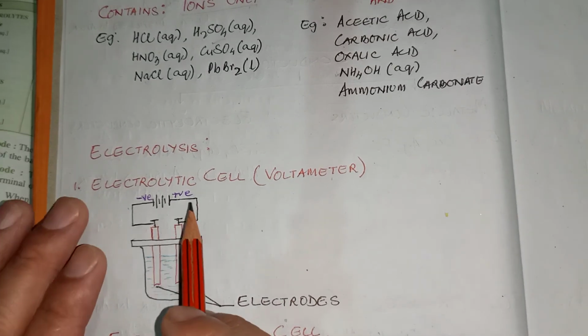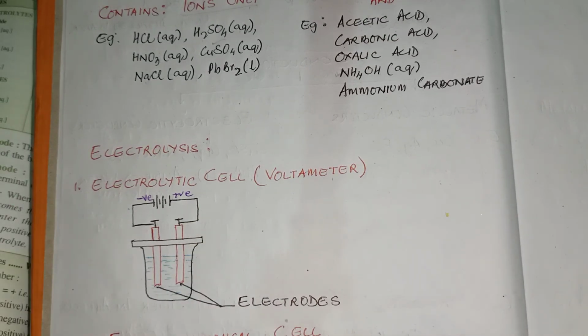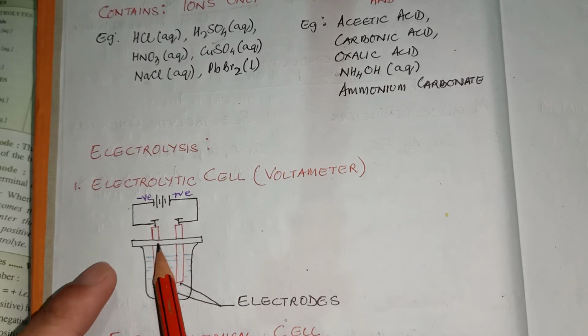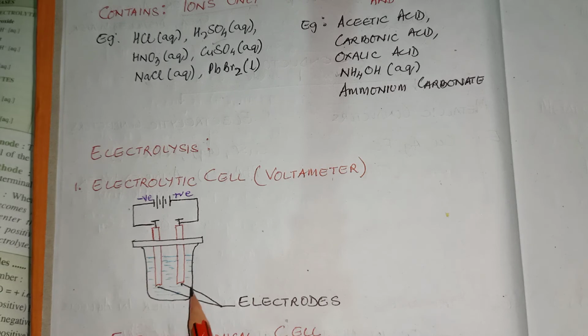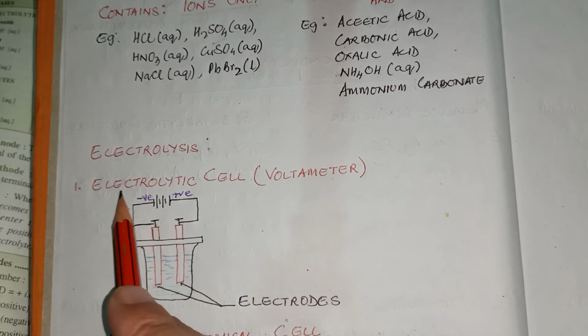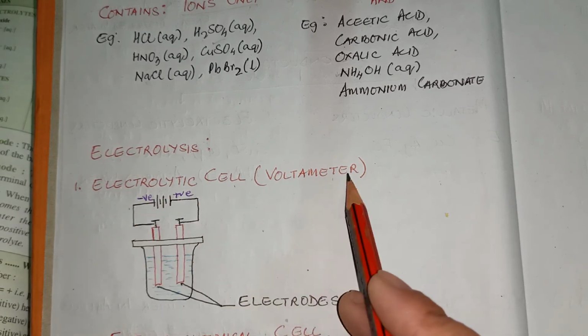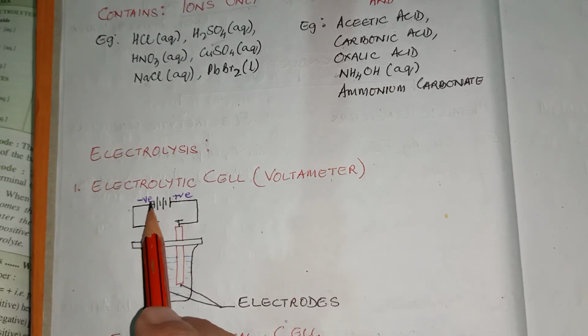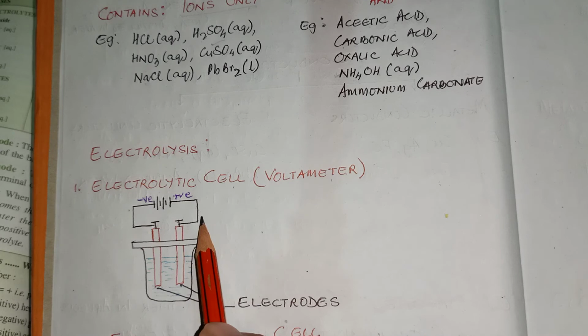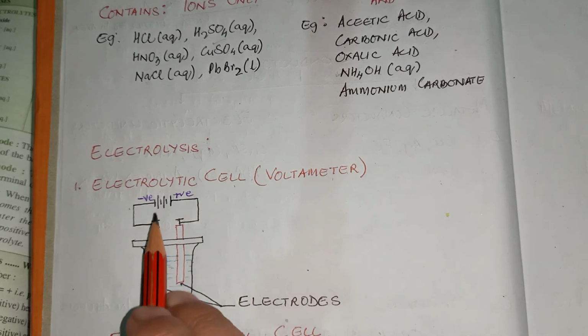Now in the electrolytic cell we use electrolyte, we also use electrodes. Later on we'll learn what electrodes are. We use electrolyte, we use electrodes, we use this vessel. The vessel in which electrolysis is carried out is known as the electrolytic cell or voltameter, and these two electrodes are connected to an external source of electric current.